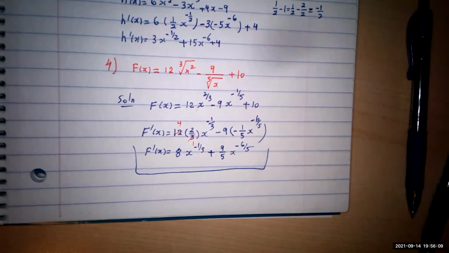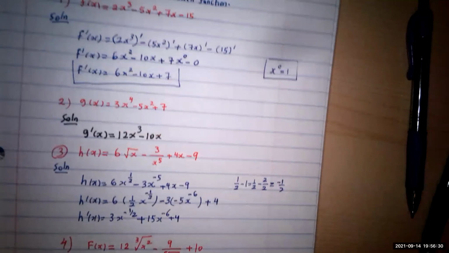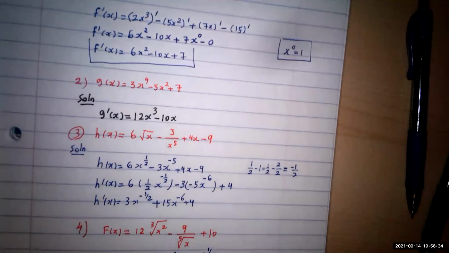This is the best you can have so far for the derivative of the function. You cannot have anything more complicated than this one at the moment. So the message is that you can only use the power rule. That's step 1. If you have a power function, like the first one and the second one, no changes are needed, so we can do it right away.